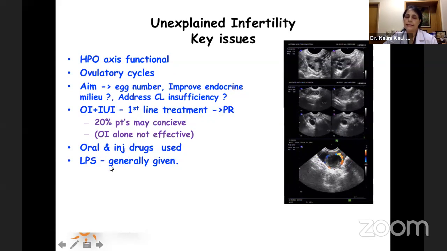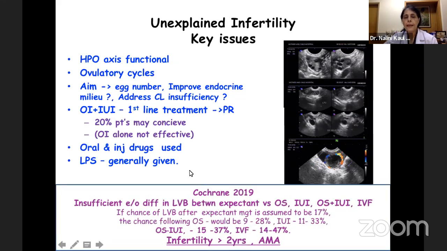And again, as I said, luteal phase support is generally given to make the physician more comfortable rather than the patient. Now, a Cochrane review of 2019 suggests that in unexplained infertility, there is really no difference in live births between expectant management, ovarian stimulation, IUI, OS plus IUI, or IVF.